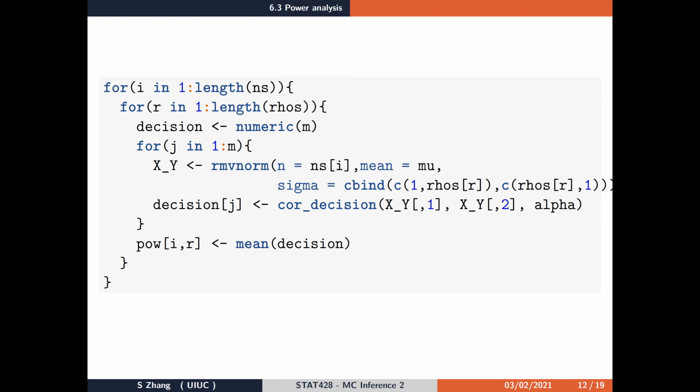There's one thing I'm not mentioning over here, which is related to the standard error of the power estimate. Since this is still a proportion and a sample mean, the usual standard error formula for sample proportions still applies. So you can use the same formula as you did when estimating the empirical type 1 error rate.